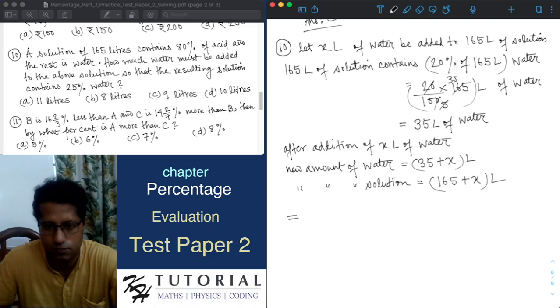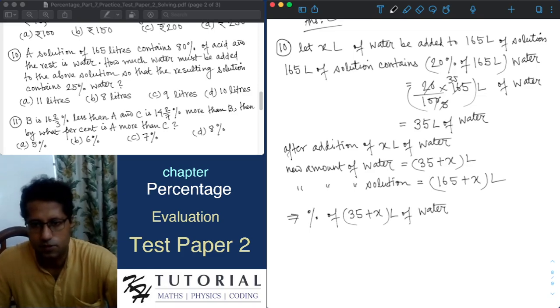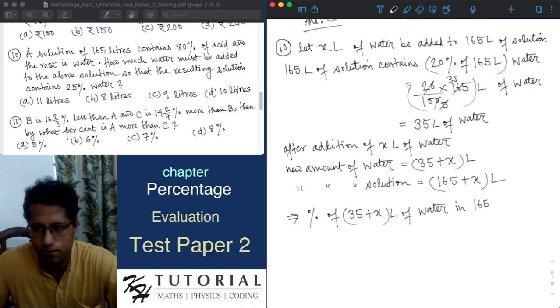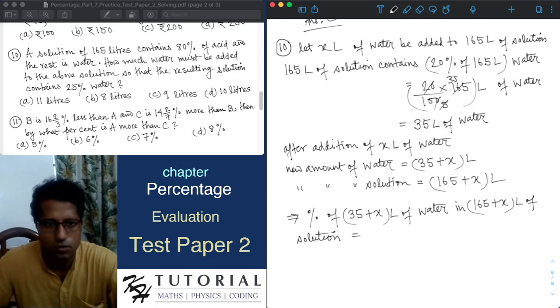This implies the percentage of 35 plus x liters of water in 165 plus x liters of solution will be equal to 25.